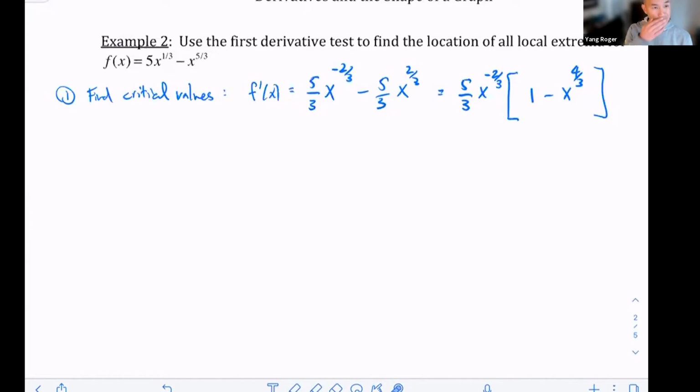Okay. So when I calculate the critical values, I have 0 equal to 5/3 times c to the negative 2/3 times 1 minus c to the 4/3. Now, the c to the negative 2/3 factor is in the denominator because of the negative exponent.